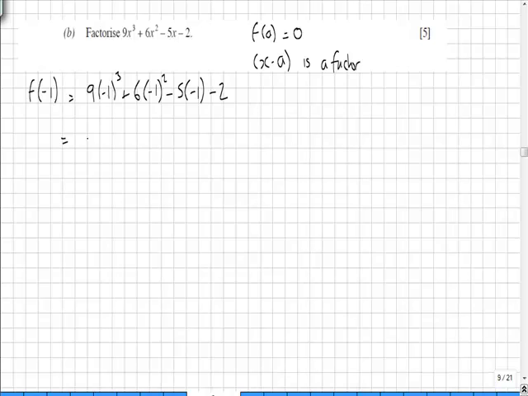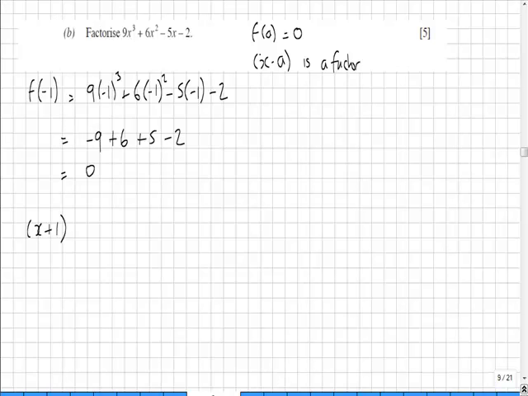Substituting in, we get minus 1 times 9 is minus 9, minus 1 squared is 1, times 6 is 6, minus 5 times minus 1 is 5, minus 2. That gives us minus 11 plus 11, which is 0. So we now know that x plus 1 is a factor. Remember, if f(a) is 0, then x minus a is a factor, and minus 1 is plus 1.